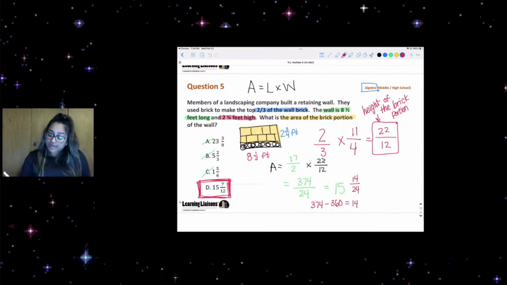That just so happens to be reducible by 2 in the numerator and the denominator to give us 15 and 7 over 12. It's always good to check your answer choices just in case only one of them has the number you're looking for, so you don't have to do the extra work. I always do the extra work because you're here to watch me do math.